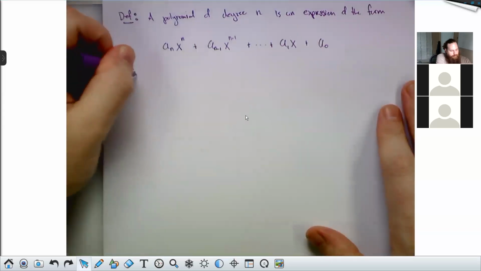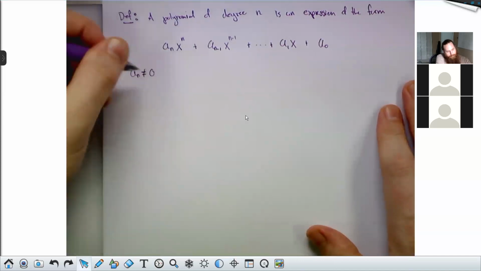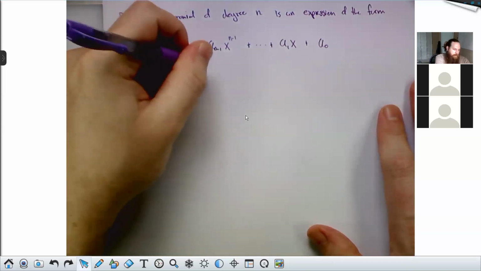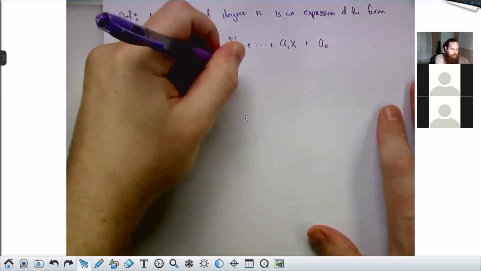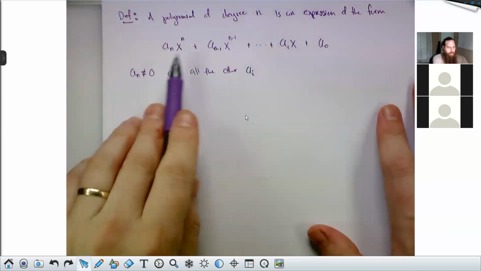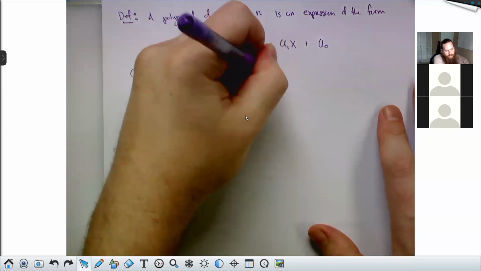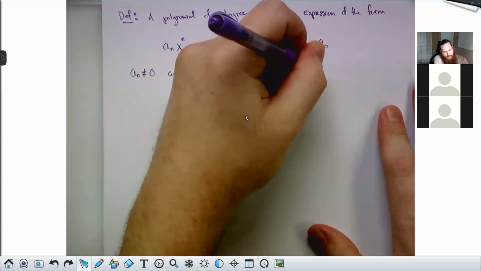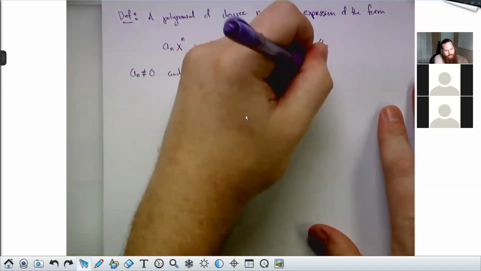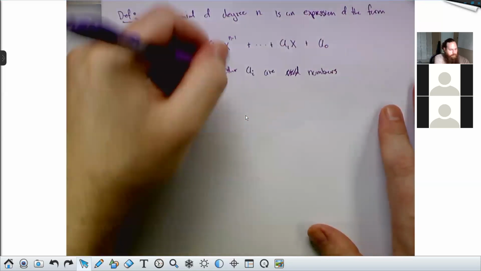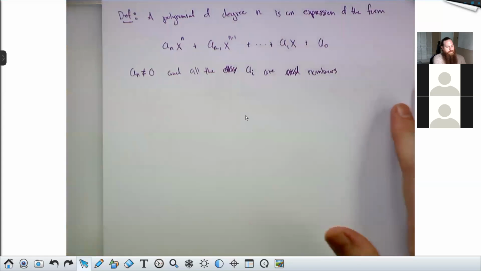Here, a_n is non-zero. And all the other a's, let's call them a_i, because they can be a sub whatever, are real numbers, or let's just say numbers. So all the a_i are numbers called coefficients.